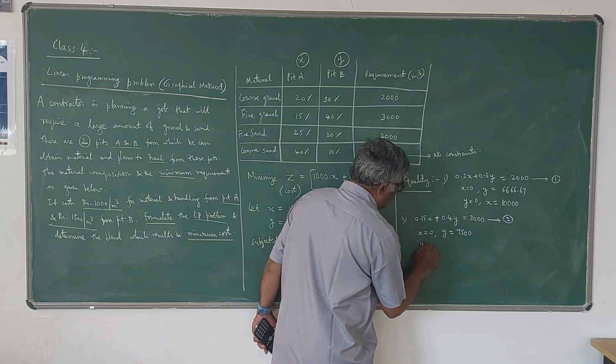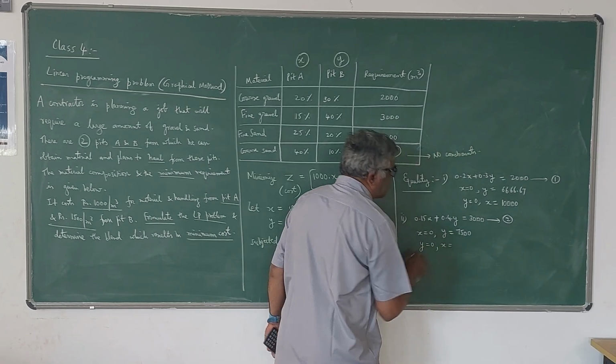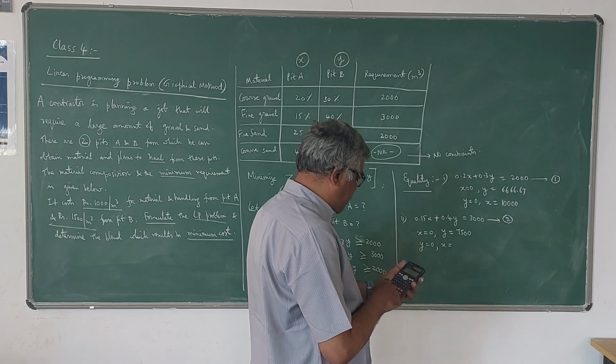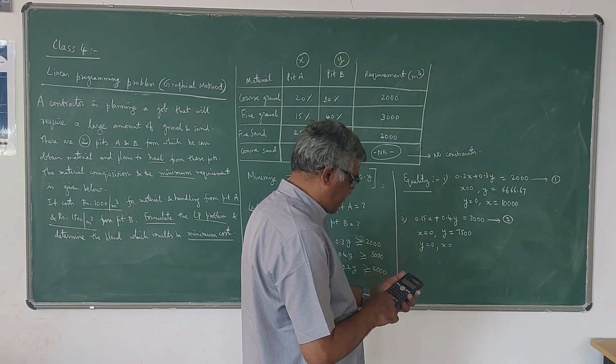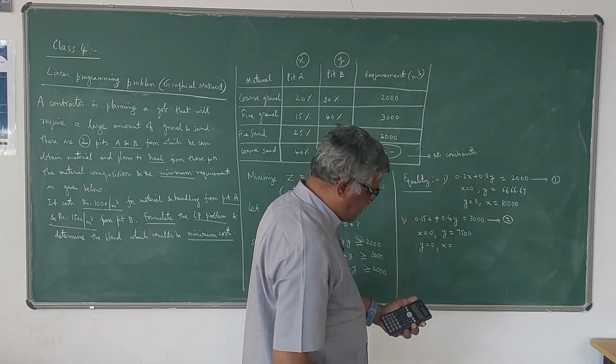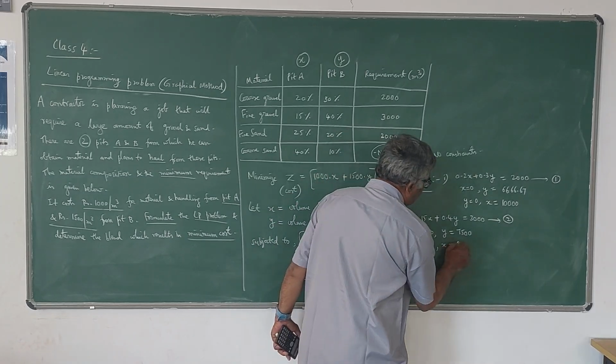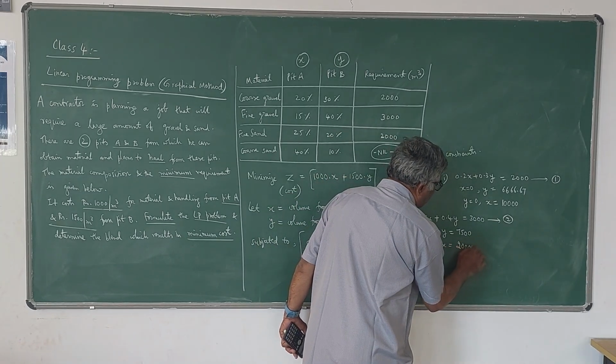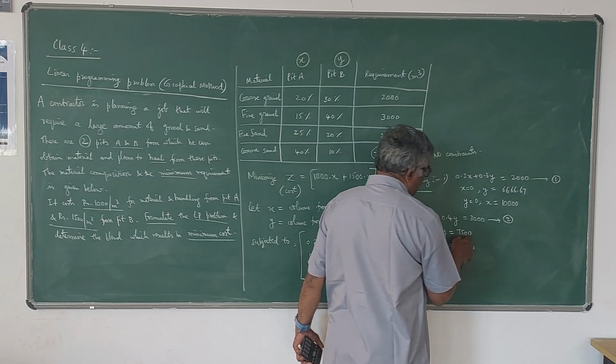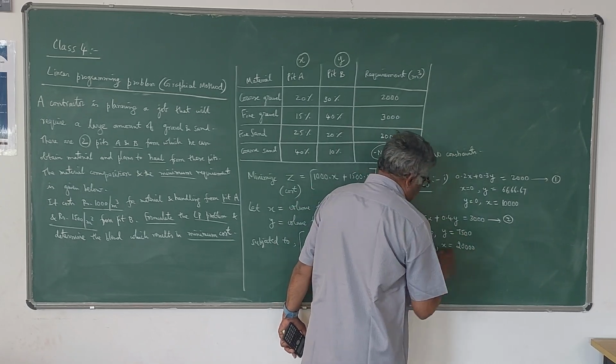If you put y is equal to 0, x becomes 3000 divided by 0.15, which is 20,000. Now the corresponding points will be 0, 7500 and 20,000, 0.